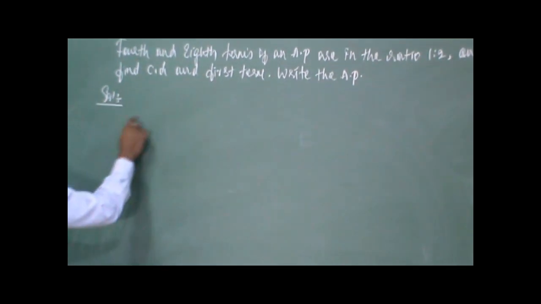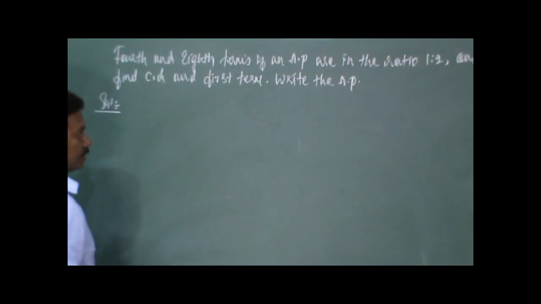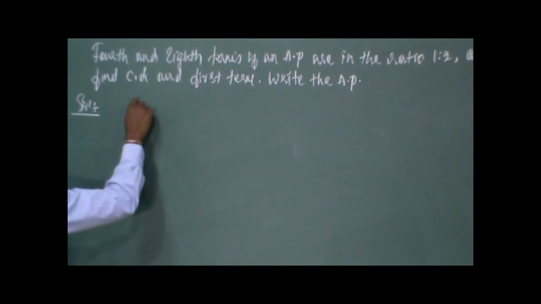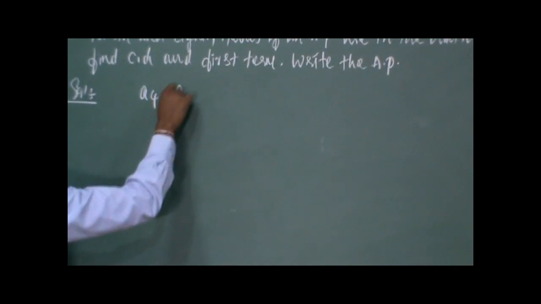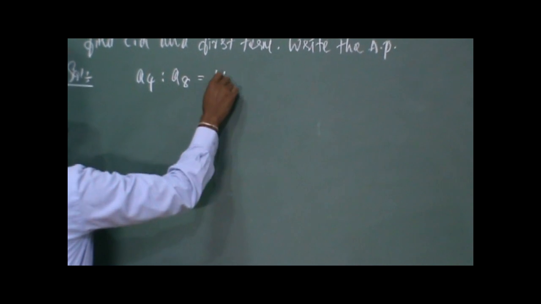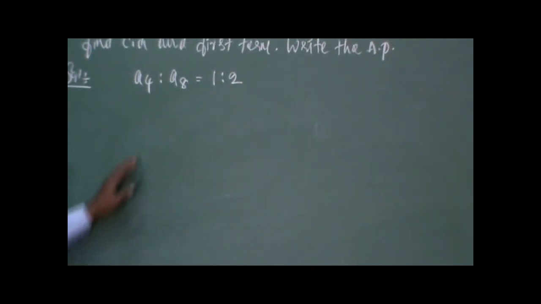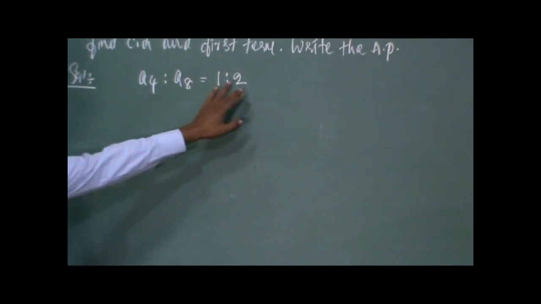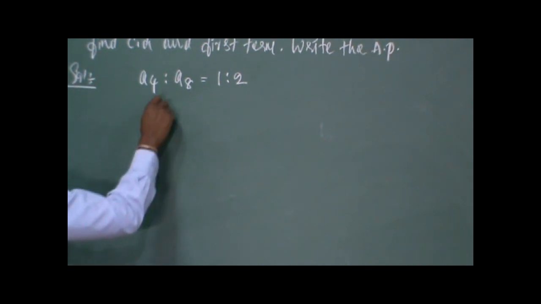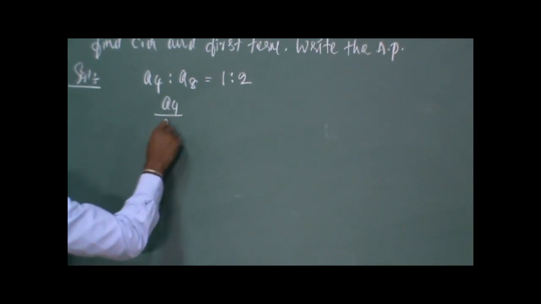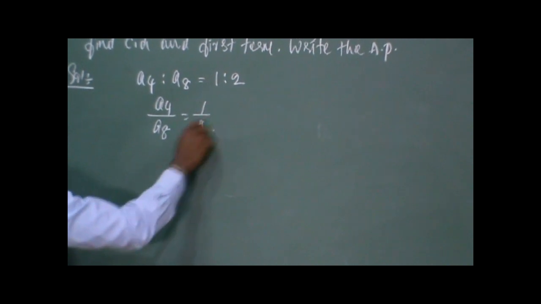So the 4th and 8th terms of an AP are in the ratio 1:2. This can be written as A4 is to A8 is 1:2. So this ratio can be written as A4 by A8 is equal to 1/2.